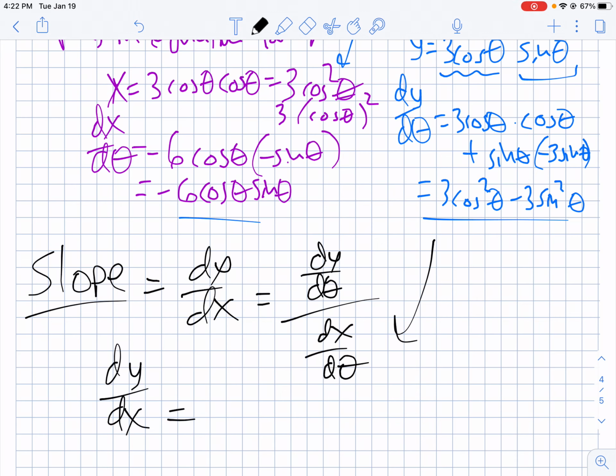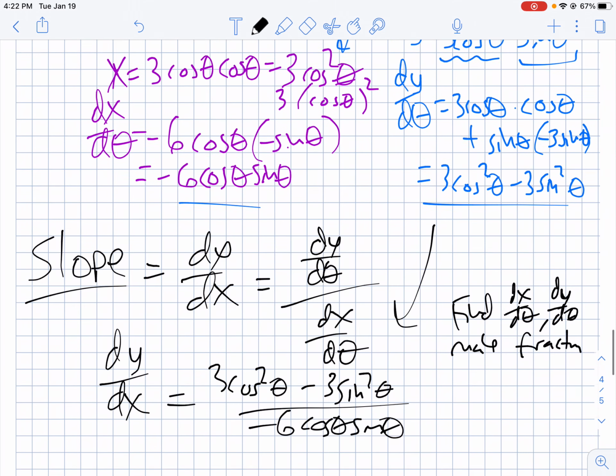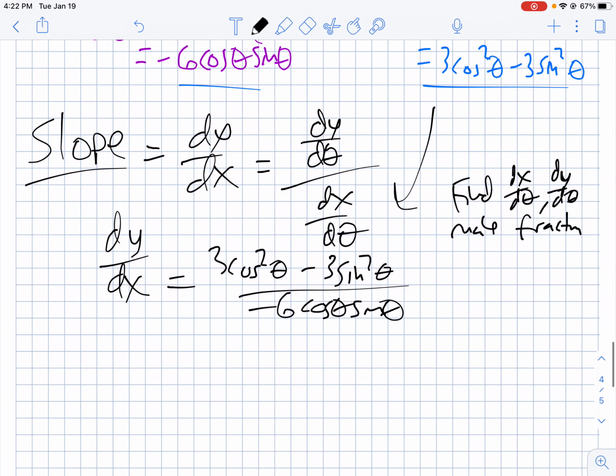For this example, I would just do 3 cos squared theta minus 3 sine squared theta over negative 6 cos theta sine theta. So again, you just find the dx d theta and the dy d theta using what we just did, and then make a fraction. Okay. So that's how you go about actually finding the slope of something.